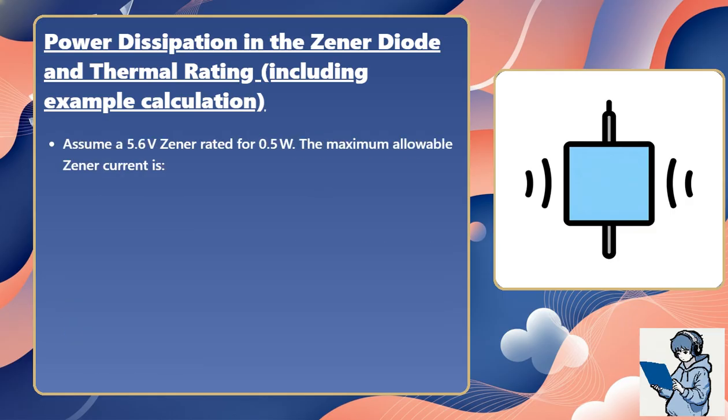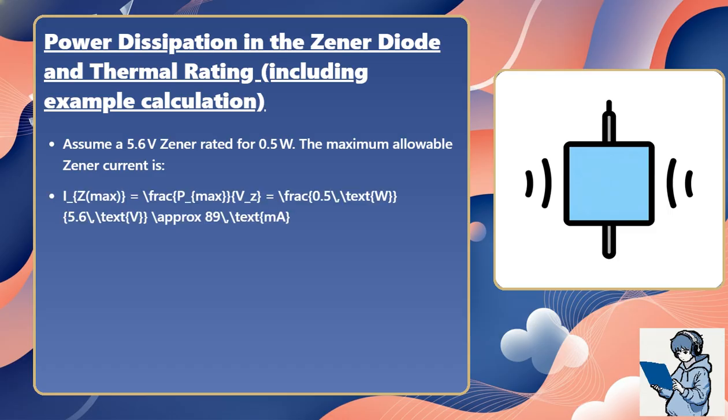Example calculation. Assume a 5.6 volt Zener rated for 0.5 watt. The maximum allowable Zener current is I sub Z max equals P max divided by V sub Z, equals 0.5 watts divided by 5.6 volts, approximately 89 milliamps.